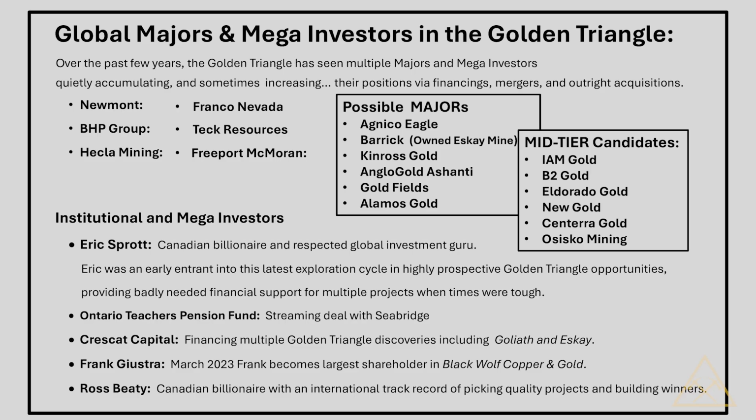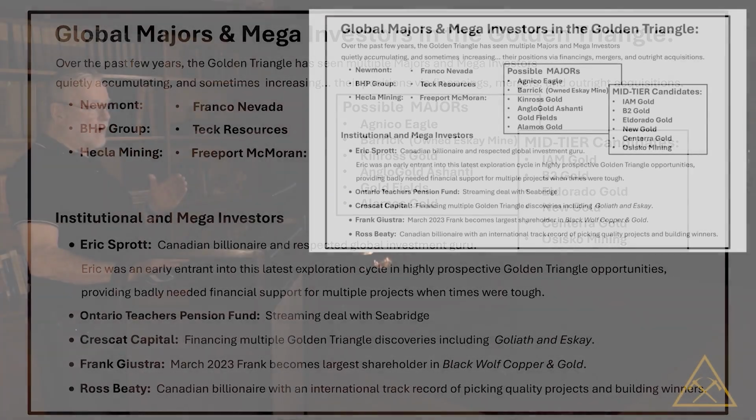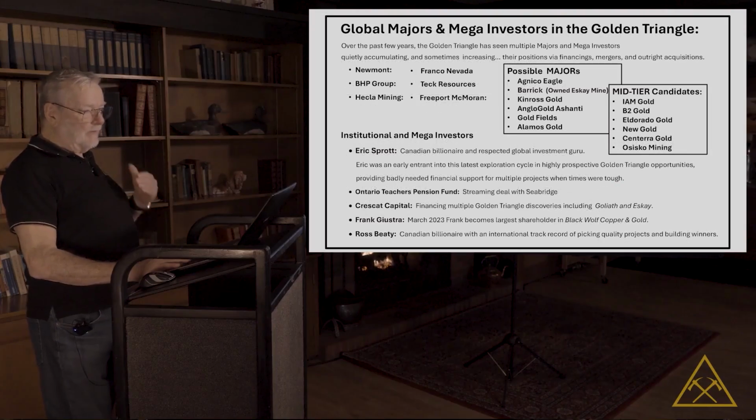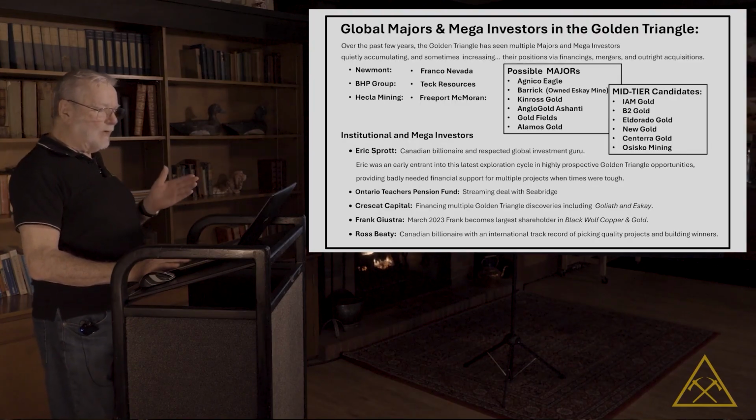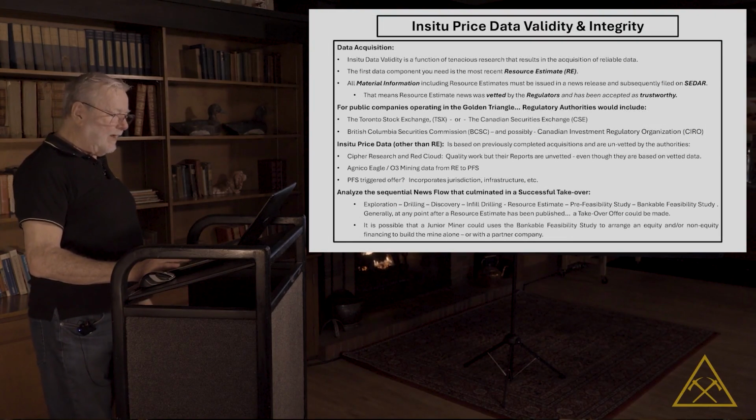Might give you a clue to different companies you want to build a spreadsheet on. And Ross Beatty, another Canadian billionaire, he's getting more involved up there, and he's picking up some quality projects and helping to build winners. So anyways, we got good people, and there's lots of financial backing and investors for real deals. And if you can build a spreadsheet, that will help you identify what the real deals are.